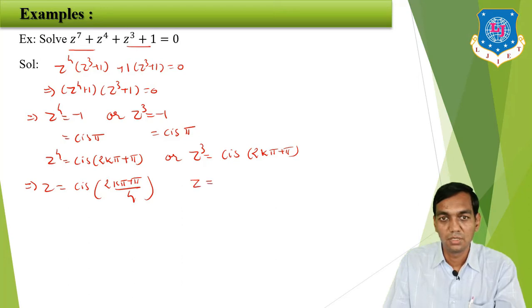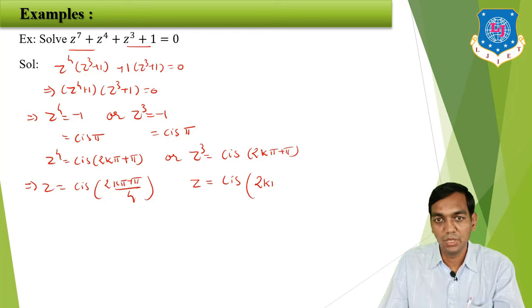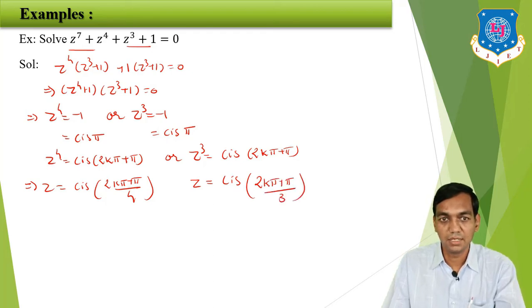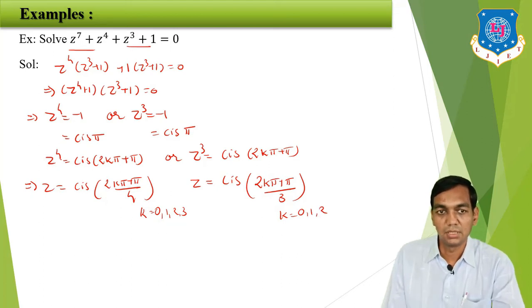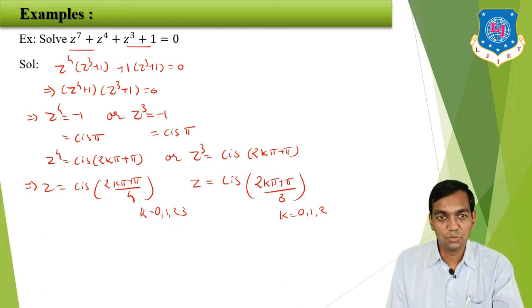In the same manner, (2k pi plus pi) whole by 3. Here k will be 0, 1, 2 and 3. Here k will be 0, 1 and 2. Right? Now, first we are going to put k is equal to 0. So cis pi by 4.